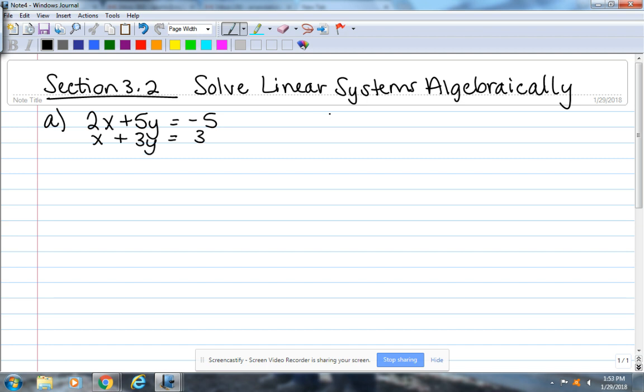So we're going to start with substitution. Now, what substitution is when you have two things that are equal, you can replace one with the other. If I have 4 quarters, that's the same thing as $1.